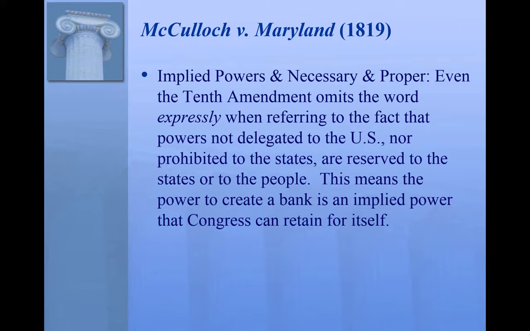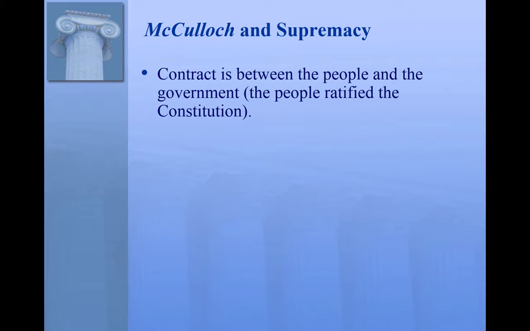After saying this, Marshall makes a very interesting argument. He says that the contract that the Constitution creates is between the people and government. The people ratify the Constitution, not the states, the people. And yes, the people may have met in their states, in their state ratifying conventions, to consider ratifying the Constitution.